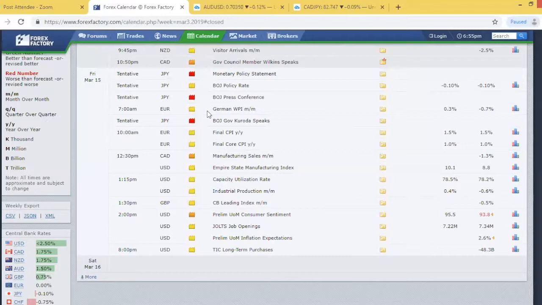So my only real concern here with the Japanese yen is Governor Kuroda mentioning Brexit and the potential impact with market participants such as you and I buying the Japanese yen as a safe haven currency.